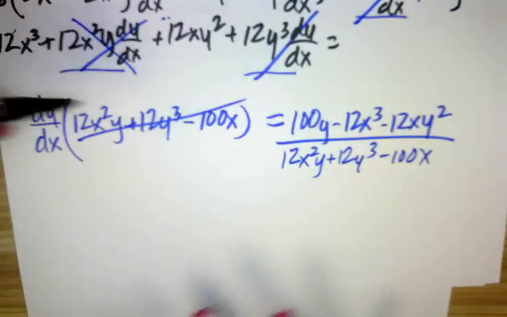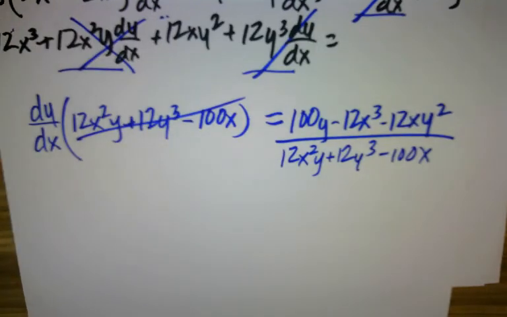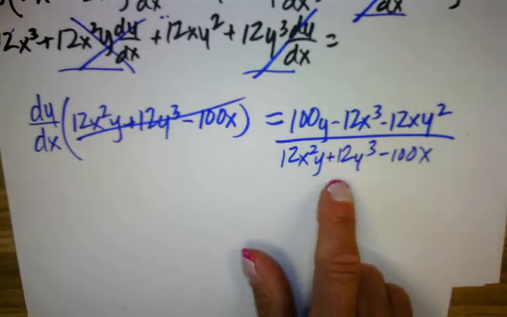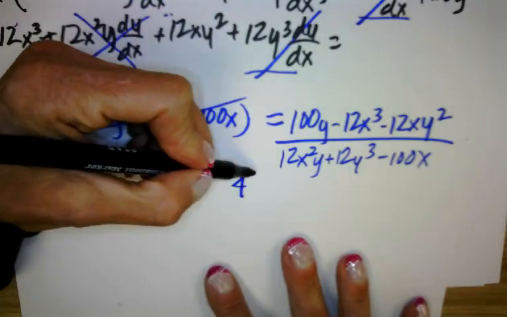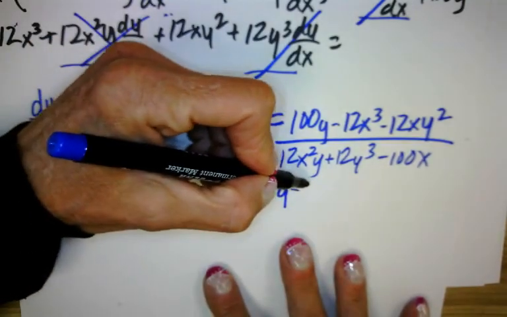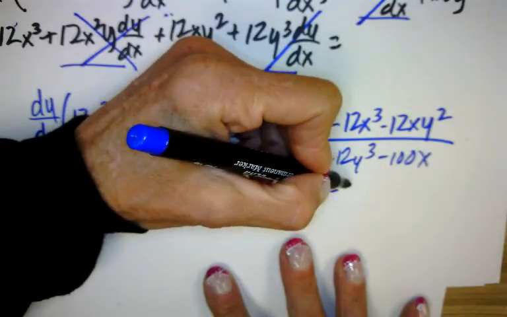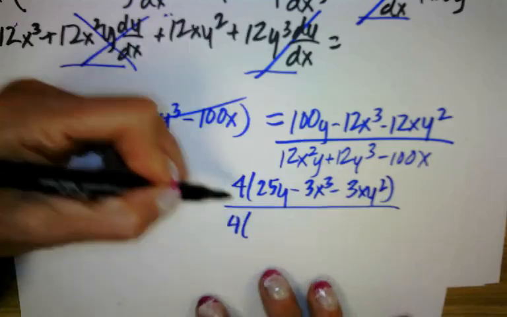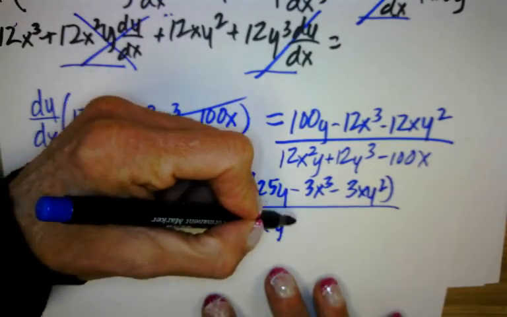Now, there is something we could do to cancel here, and it is kind of what I noticed. What common factor could I take out of all the numbers on the top and bottom? 4. So I could factor a 4 out of the numerator, and a 4 out of the denominator, and then they would cancel.